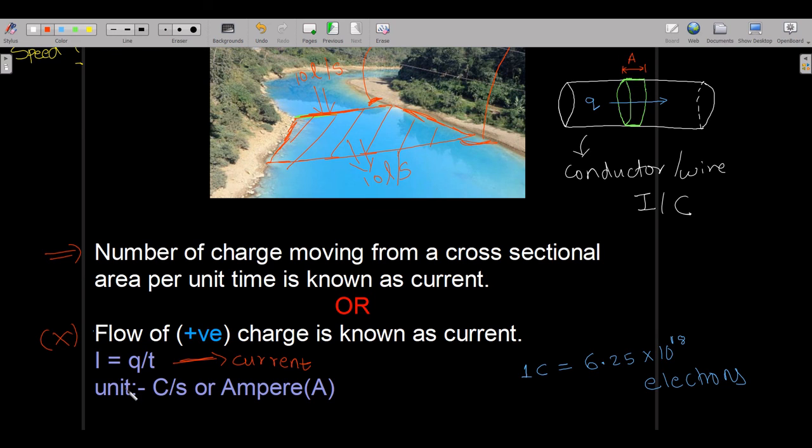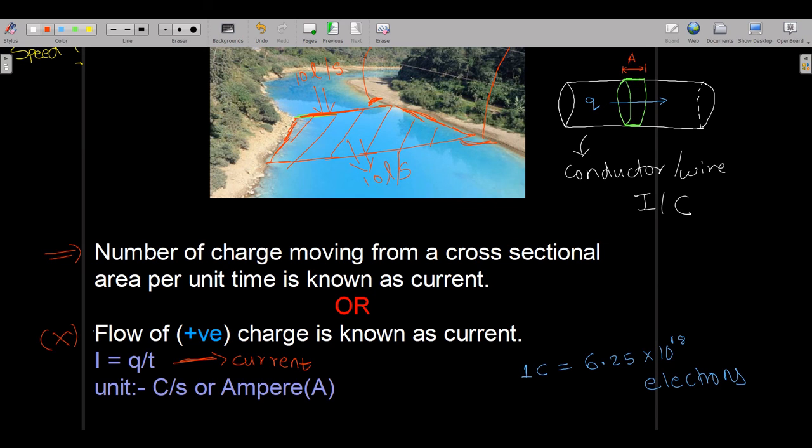The unit for charge is coulomb, and the unit for time is seconds. So we can write 1 coulomb per second, which is also known as ampere or amp. C by S is ampere, and 1 coulomb is equal to 6.25 into 10 raised to 18 electrons. This is a very huge number.